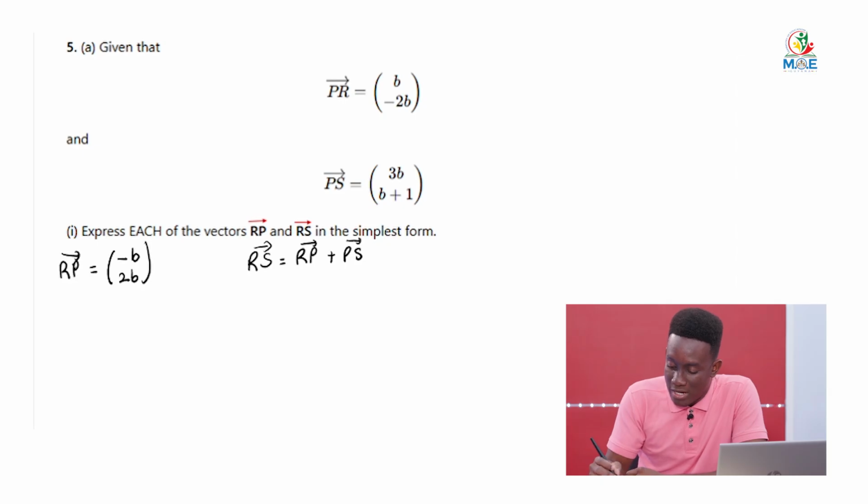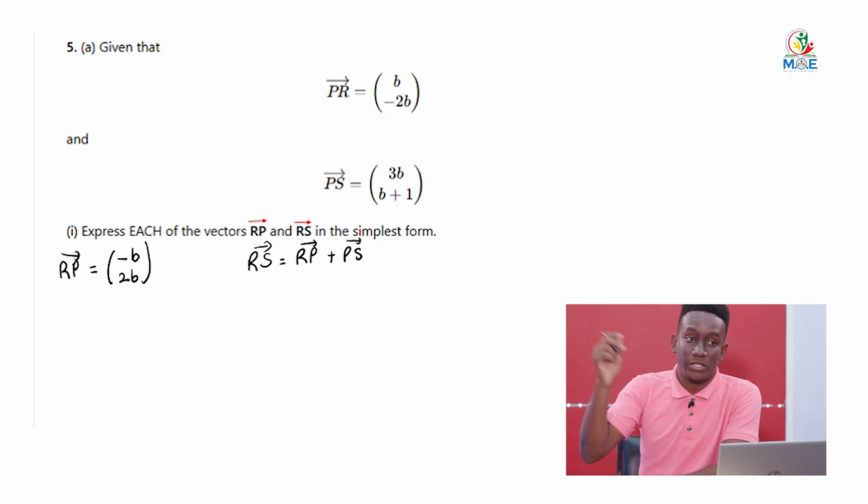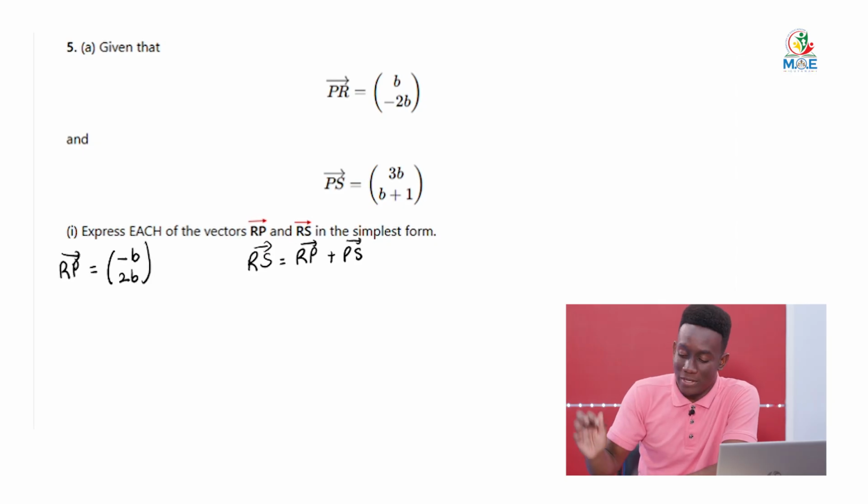So you move from R to P, and then from P to S. That is how vectors are formed from one point to the next.